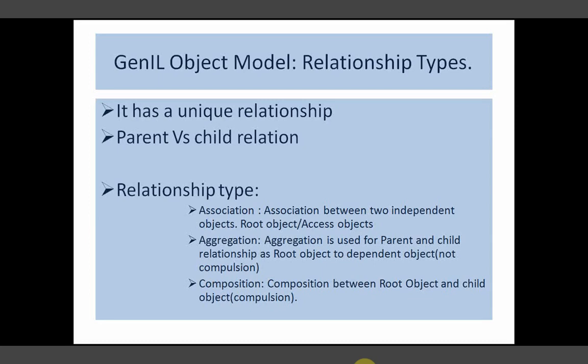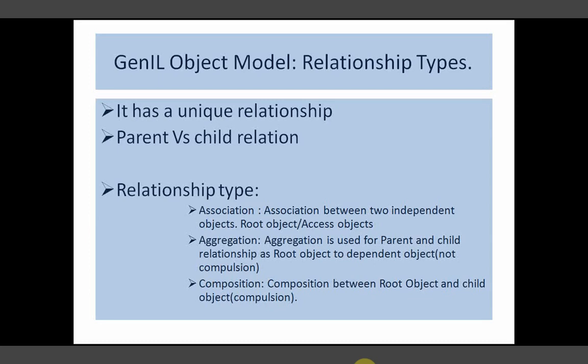Now what type of relation will it have? Note, to create any relationship, it should have a unique relationship. The relationship between two objects should be unique. And as the name says, it's a parent versus child relationship, and it is unidirectional, not bidirectional. To visualize in real time, there is a father and a son.